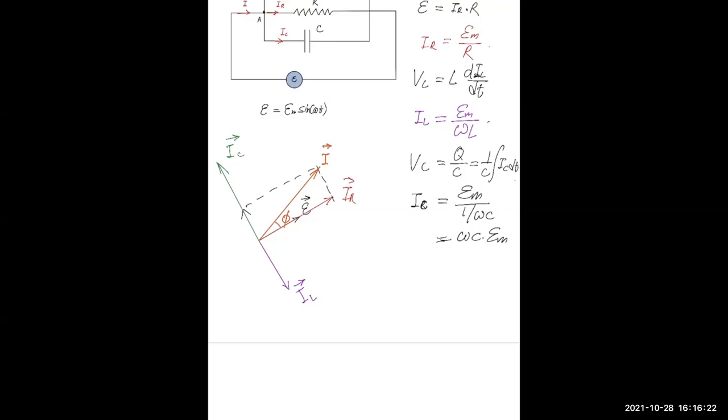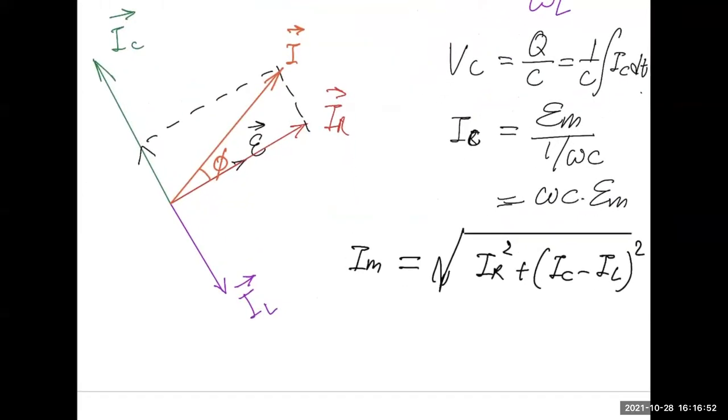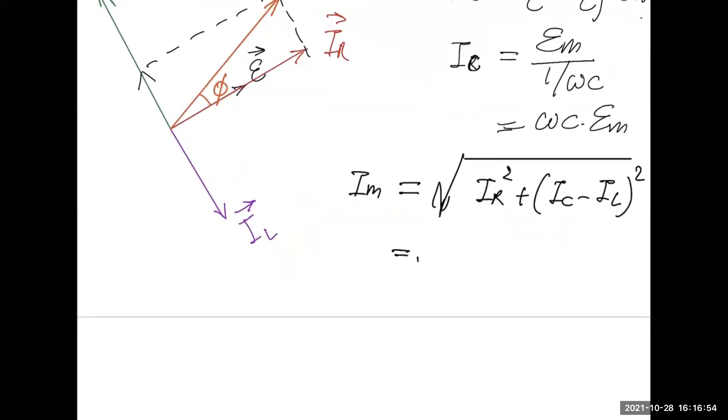The magnitude of the overall current, let's see what that equals to. You can see from this right angle triangle here, I maximum, according to Pythagorean theorem, is the square root of IR squared plus (IC minus IL) squared, right? Okay, so let's work that out.